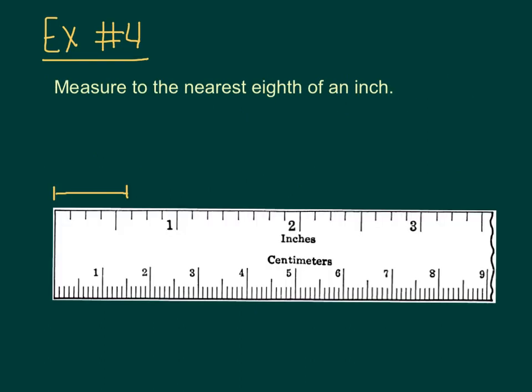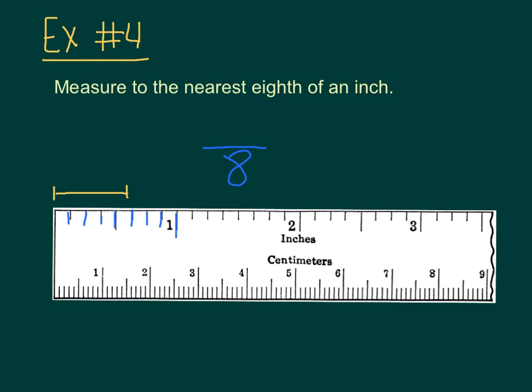And then example number 4: measure to the nearest eighth of an inch. When you look at this ruler, you can see that it's split up into eighths. We have 1, 2, 3, 4, 5, 6, 7, 8 lines. So that's going to be the denominator.